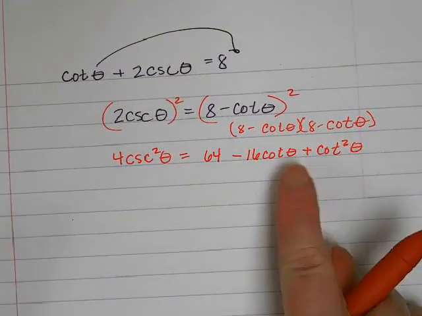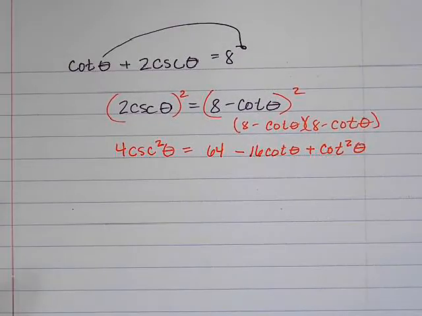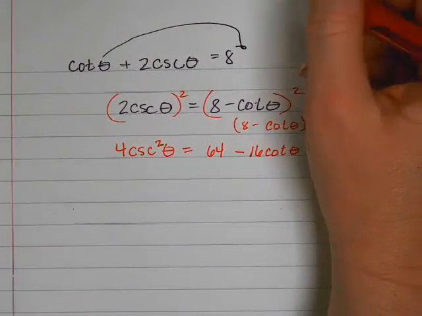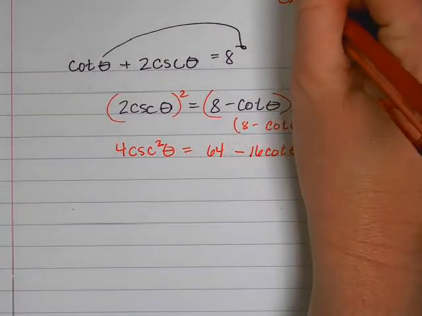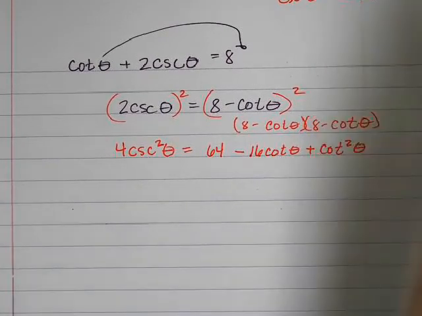All right, this time, everything over here is in terms of cotangents. So my identity is cosecant squared theta equals cotangent squared theta plus 1.